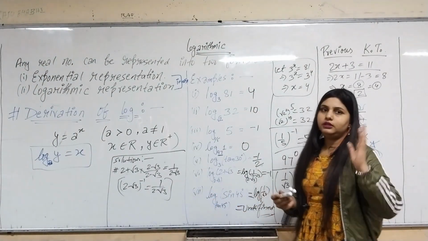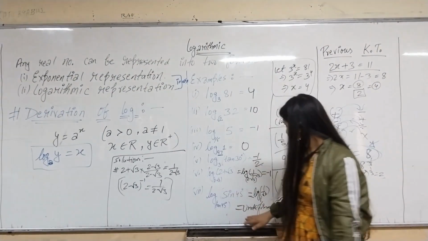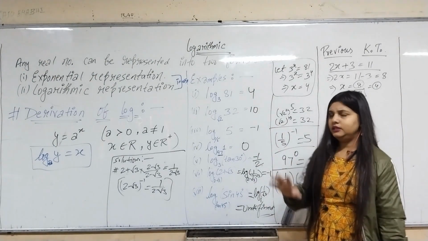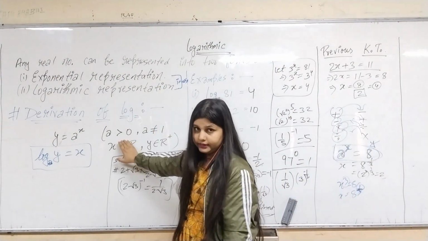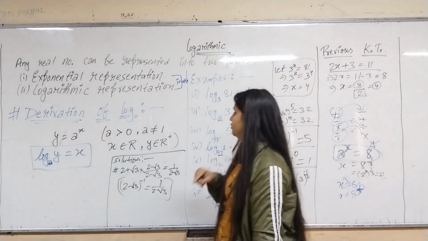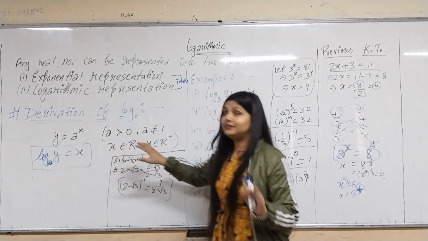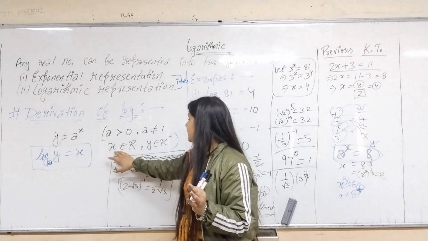There are so many questions with answers, but there are so many questions without answers. Everything has its limit. Here, your A should be greater than 0, A cannot be 1, and your x belongs to R, that is, real numbers. That means the domain of x is what? Real numbers.